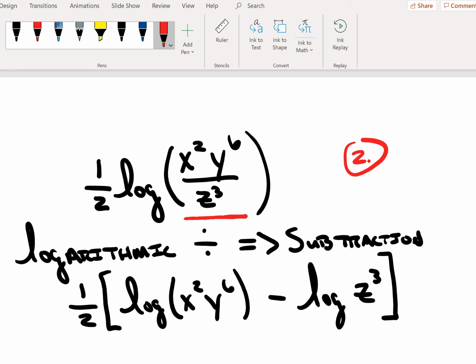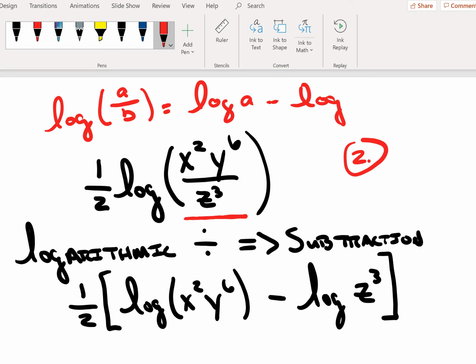And so what we see is the general rule that the logarithm of a over b is equal to the logarithm of a minus the logarithm of b. And notice that b is just in there explicitly. It's not a fraction. And so we execute that process, and now we are left with the coefficient 1/2, and since this is now on the front here, it has to apply to everything inside the log function.